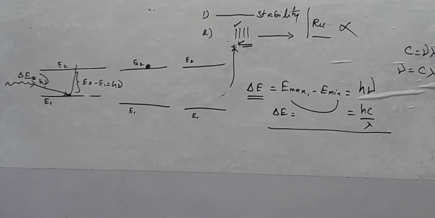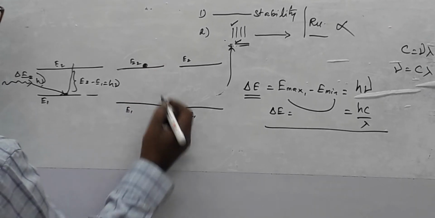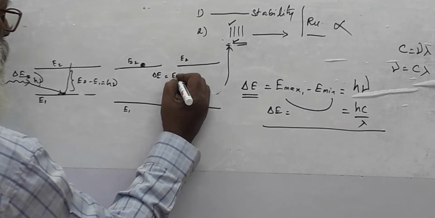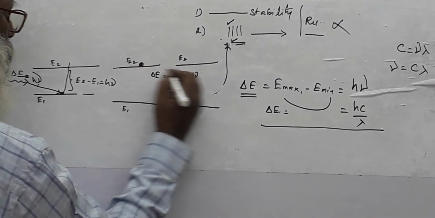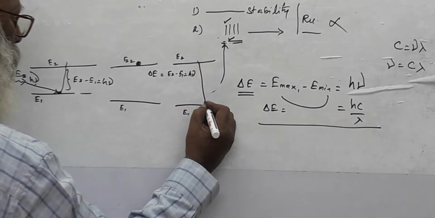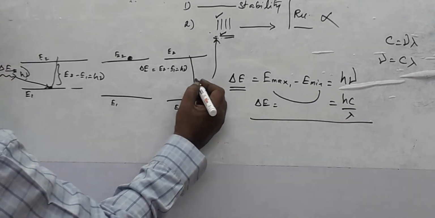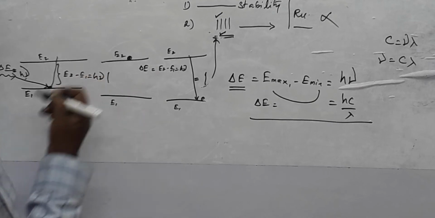Both happen. In the second state, it will emit the energy difference delta E, which is nothing but E2 minus E1 equals h nu. Then this electron gets down again to the first state, and during this transition there will be a spectral line. Here also, one spectral line.